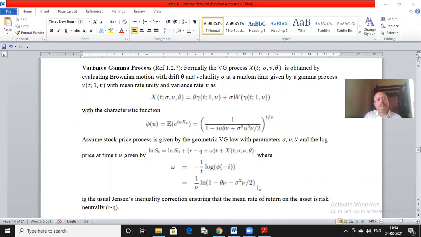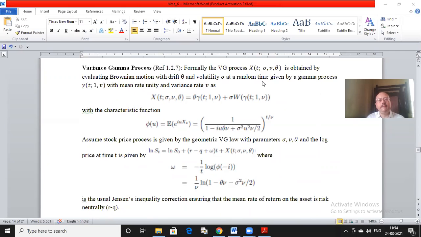What is also very popular is the variance gamma model. The variance gamma process, section 1.2.7, formally the VG process, and the notation is Xt with parameters sigma, nu, and theta. So how is this obtained? This is obtained by evaluating a Brownian motion with drift theta and volatility sigma at a random time.